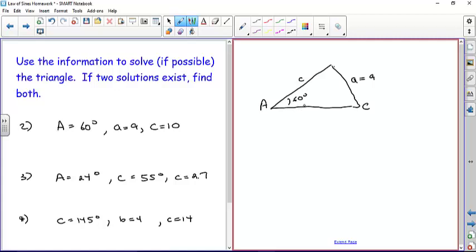So what we have is that in this case C is greater than A. This side is greater than A. So I think that what that means is that there are possibly two cases, possibly two solutions.